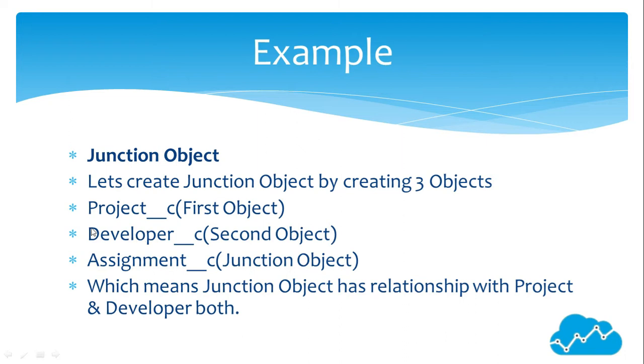In the same way, one developer may be working on different projects. So here assignment is the junction object. It has a master-detail relationship with project and a master-detail relationship with developer, which means the junction object has a relationship with both project and developer.